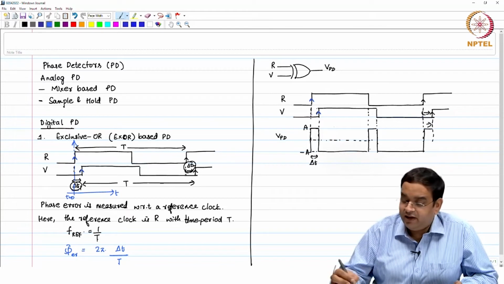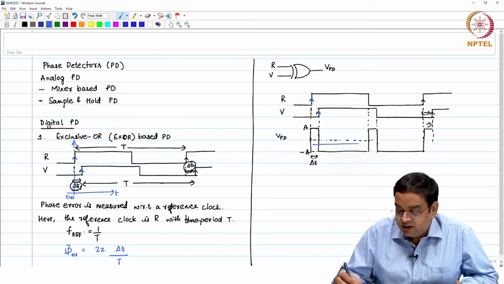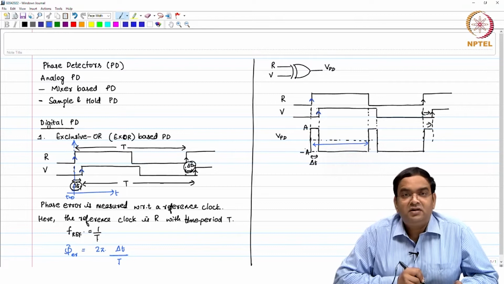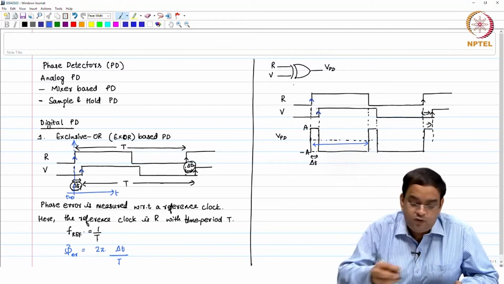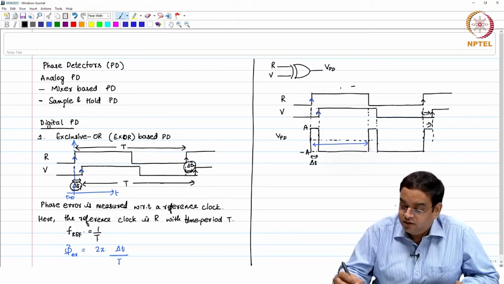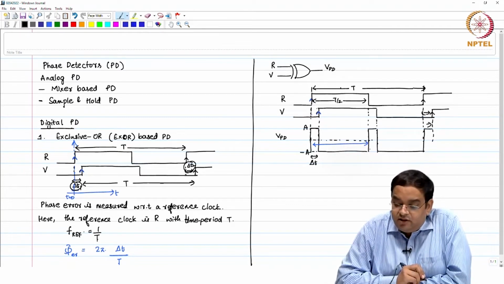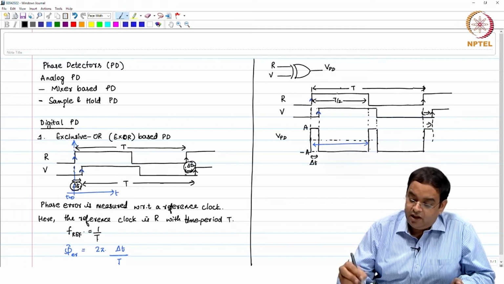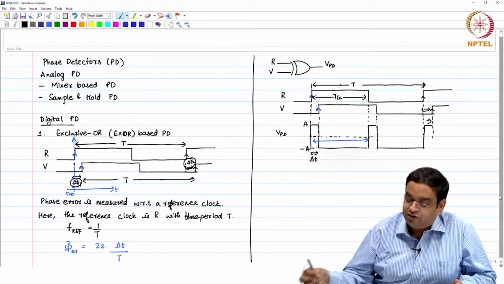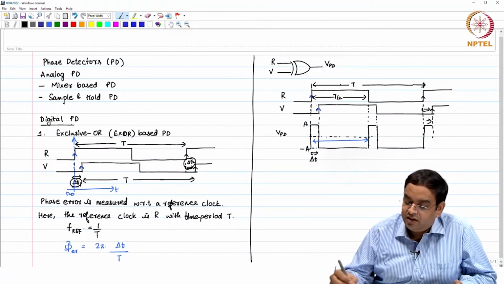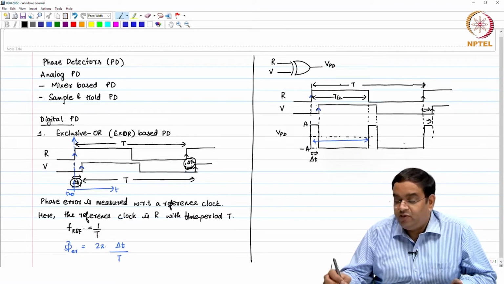And the interesting part here is that this pulse actually repeats after every t by 2. So, this time period is t and the other one is t by 2. I can assume that this is t by 2 if I say that the duty cycle of the clock is 50%.